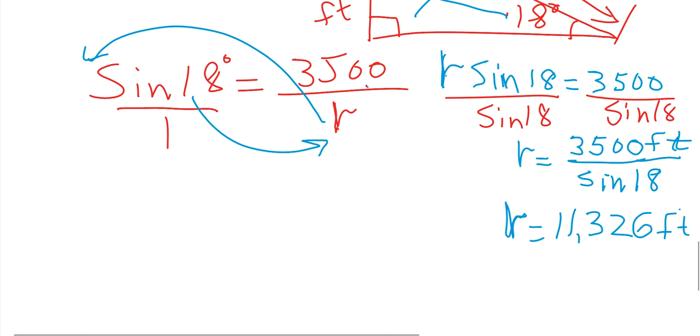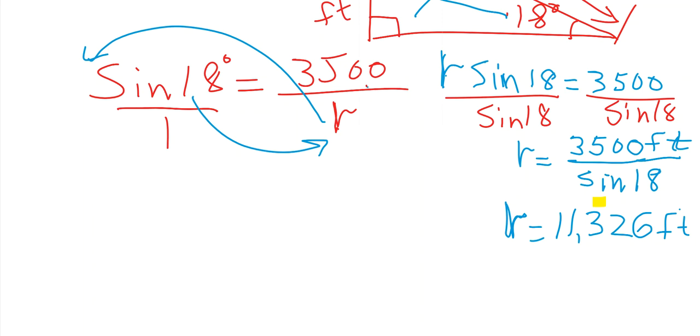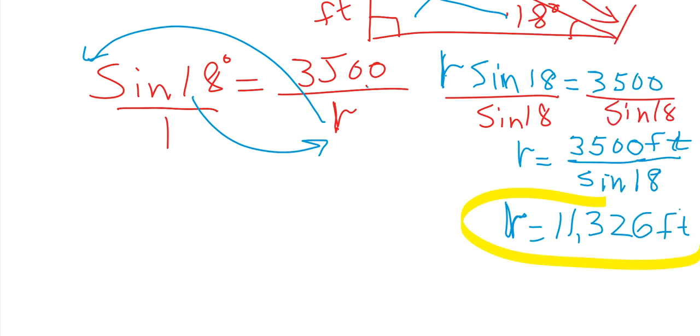So 11,326 feet. Well, there you have it. That's your answer. And I think that's probably good enough for this particular lecture. We are simply learning how to use sine, cosine, tangent, and I think I've given you enough examples that you should be able to solve pretty much anything that you encounter.